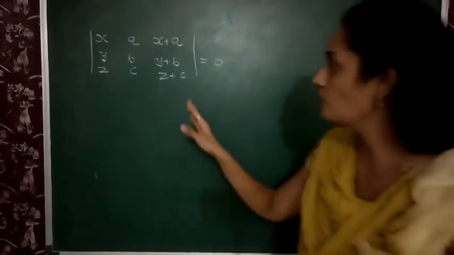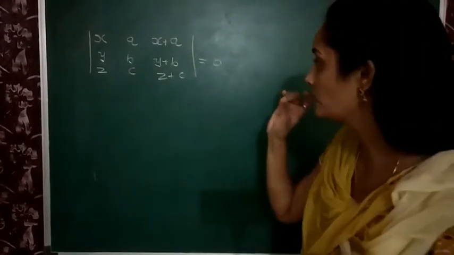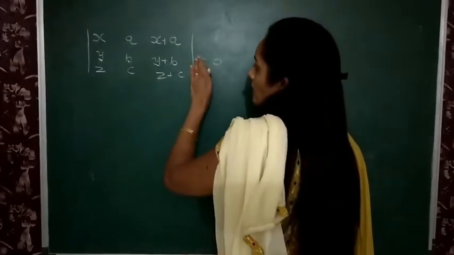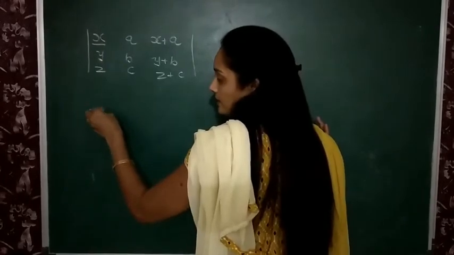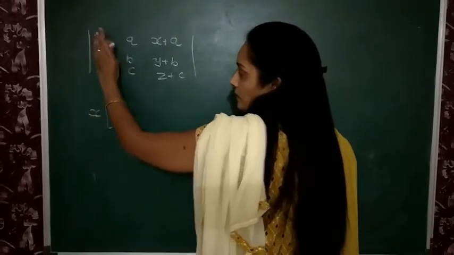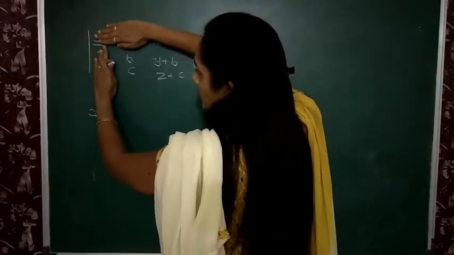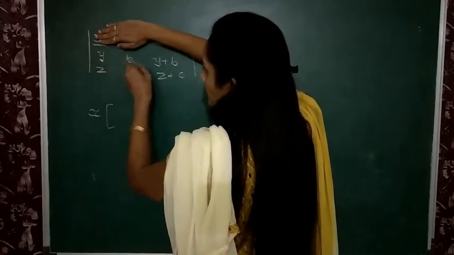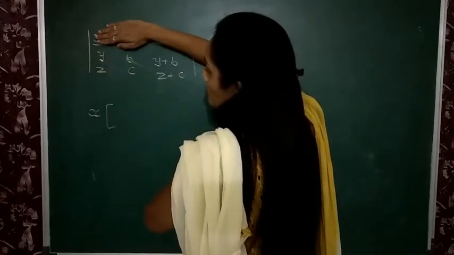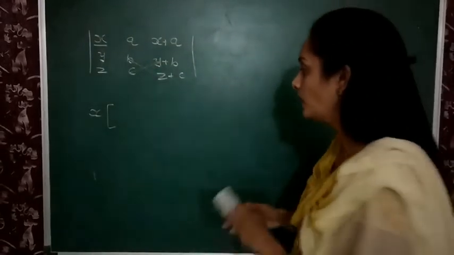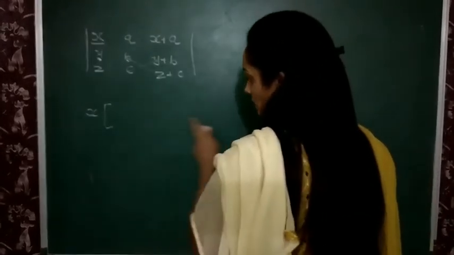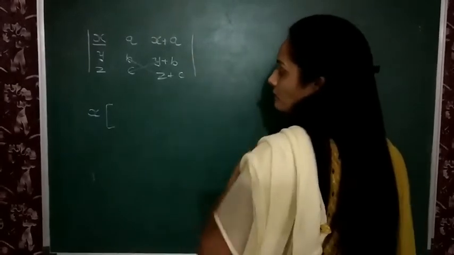Without expanding. In general, we solve a determinant like this: x as it is, after that x is hidden like this, then multiplication of these two terms minus multiplication of these two terms, and then we solve the equation and get 0.